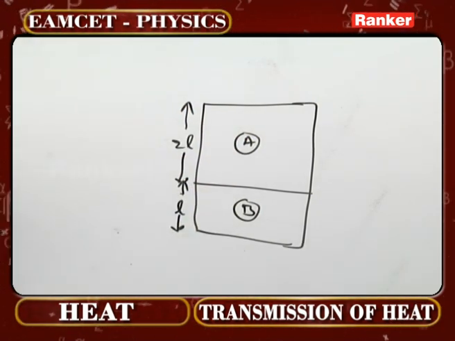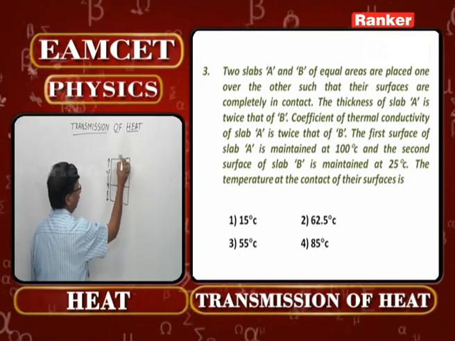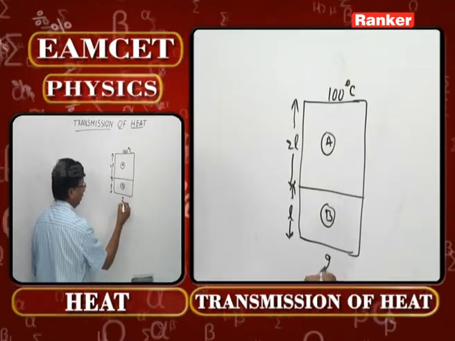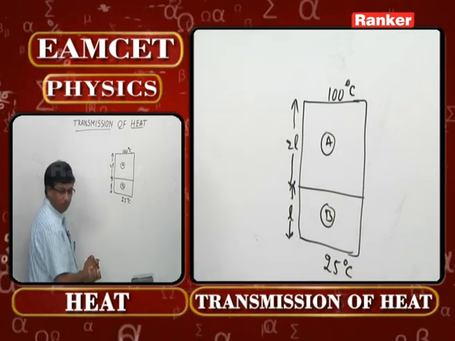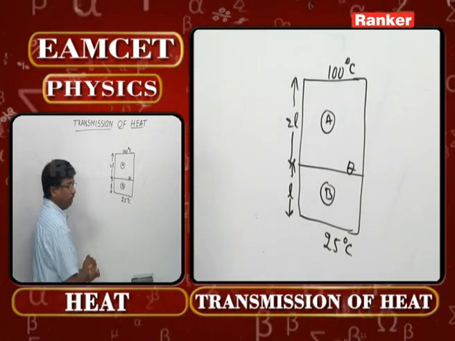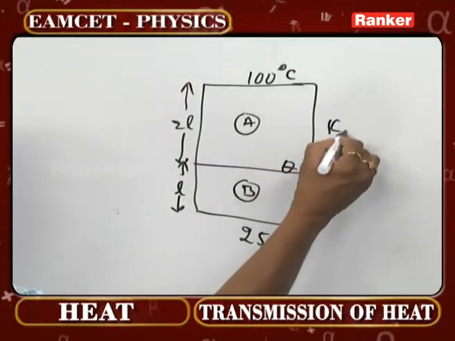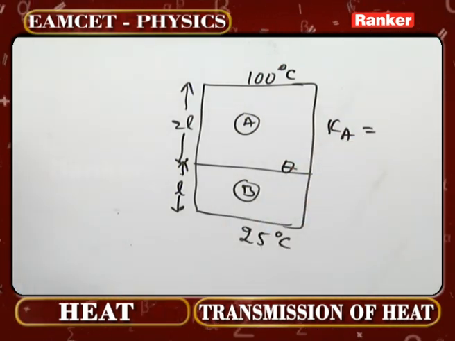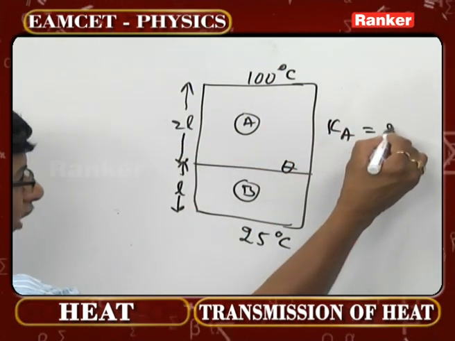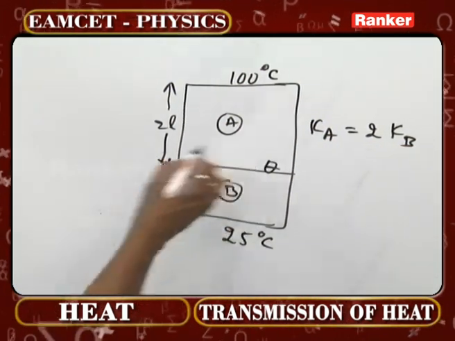The thickness of A is twice that of B. And what is the temperature of this one? 100 degrees centigrade. What is the temperature of the other face of that B? 25 degrees centigrade. What is the temperature of their interface is the question. Another thing, if I take Ka, that is coefficient of thermal conductivity for the first material, that is given twice Kb. Now the question is, what is theta?